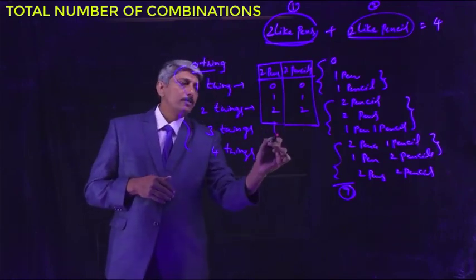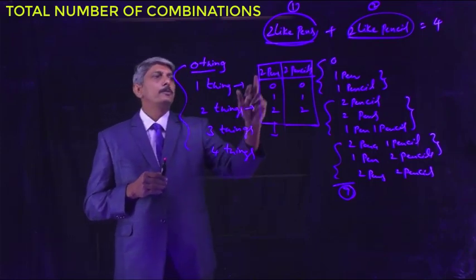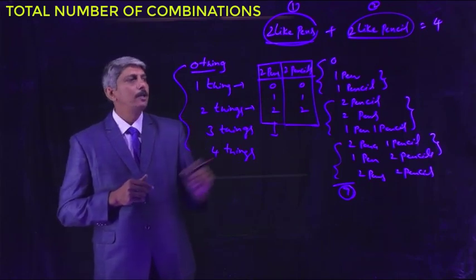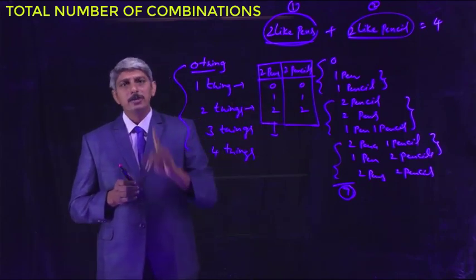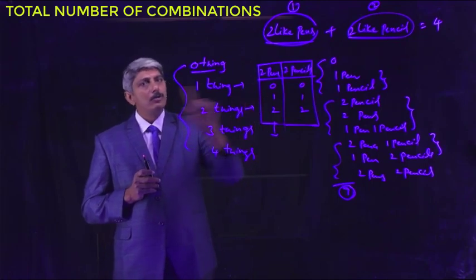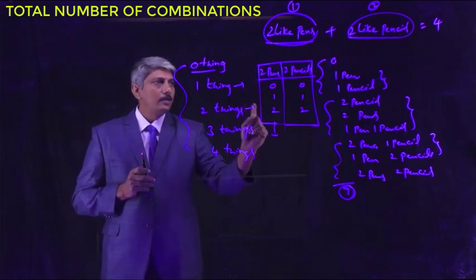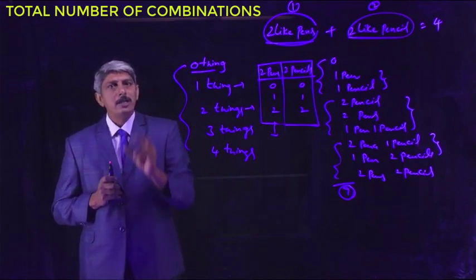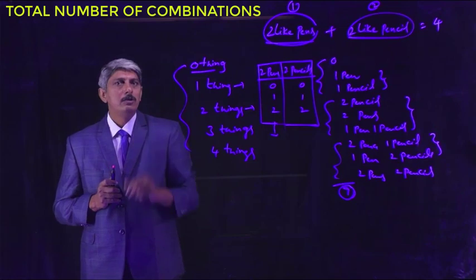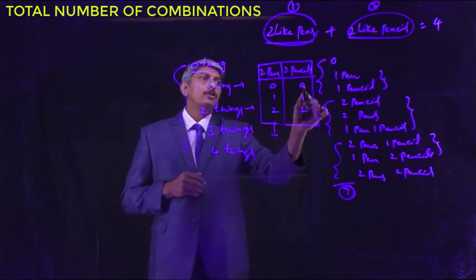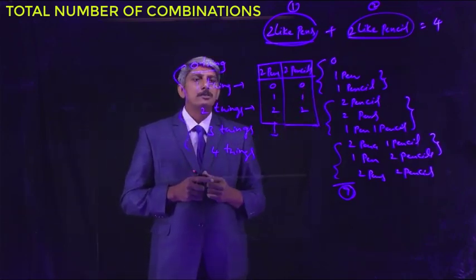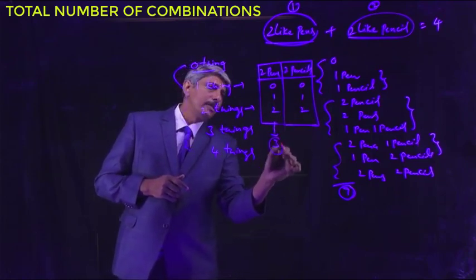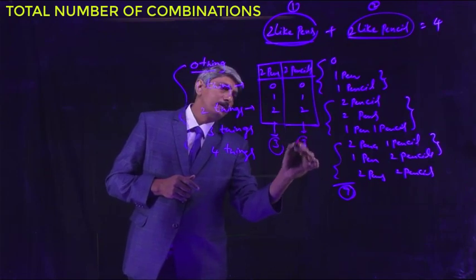In the first operation, from 2 pens we select either 0 or 1 or 2. Select 0 things out of 2 is 1 way. Select 1 out of 2 like pens is also 1 way. Select 2 pens out of 2 pens is also 1 way, because selecting r out of n like things can be done in only 1 way. So here also 0 pencils, 1 pencil, 2 pencils, 3 cases. So this gives 3 cases, and this also gives 3 cases.